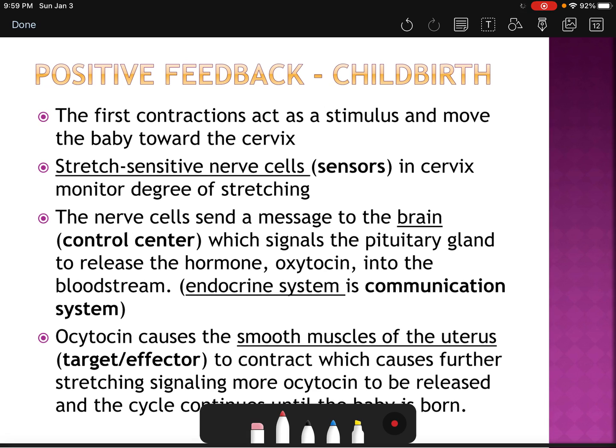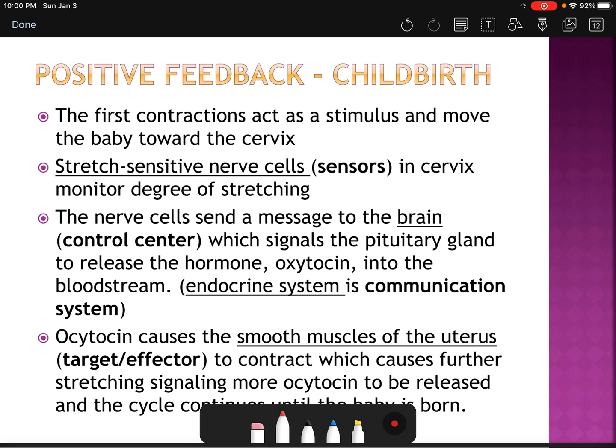Anyway, let's go through it step by step. As the first contractions, as a pregnant woman is getting into the end of her 9 months, act as a stimulus, they're going to trigger and start to move the baby. We say the baby drops and it starts moving closer to the cervix, which is the lower part of the uterus where the baby has been held throughout this time.